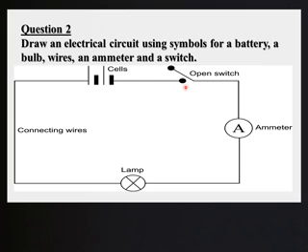This is an open switch, then ammeter, that is the lamp, and these are the connecting wires. So draw an electrical circuit using symbols for battery, then bulb, then wires, then ammeter, and a switch. That is the answer to question number 2.